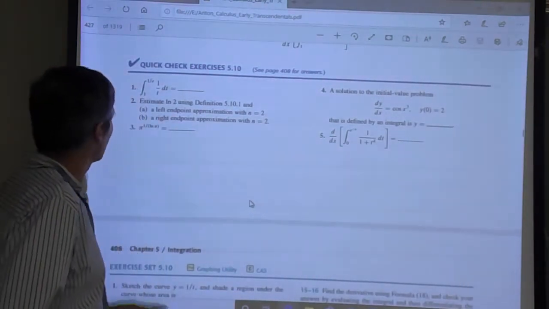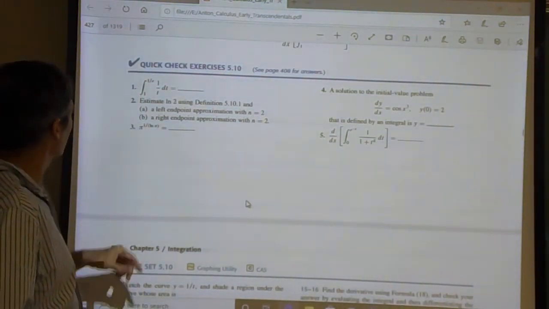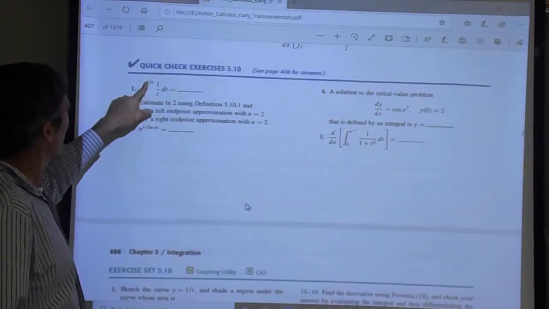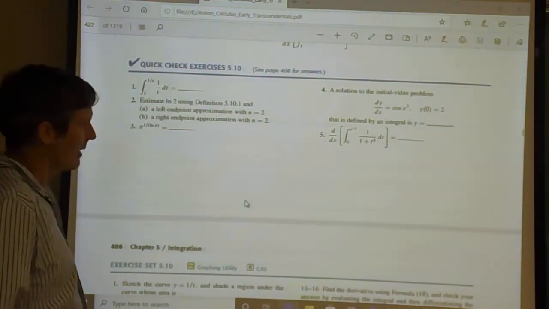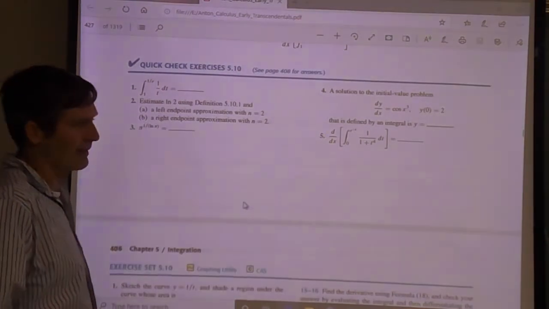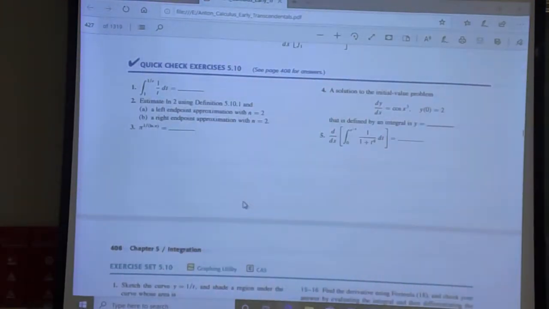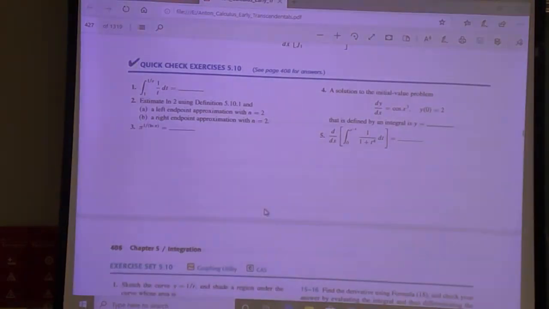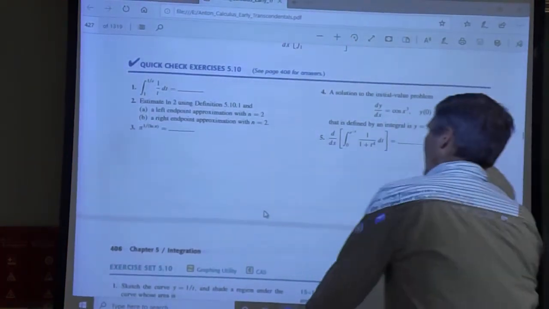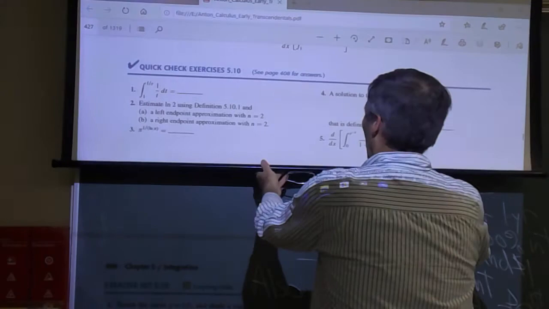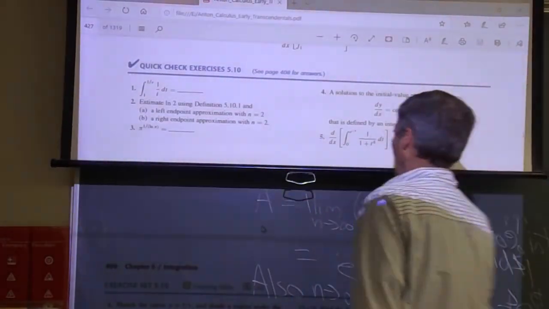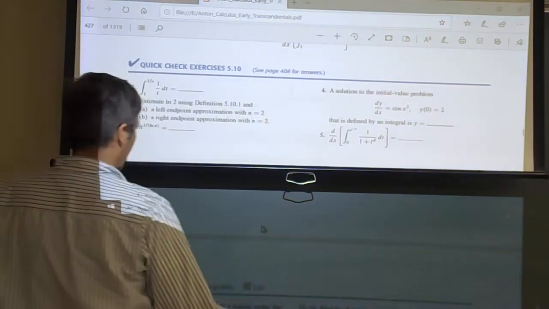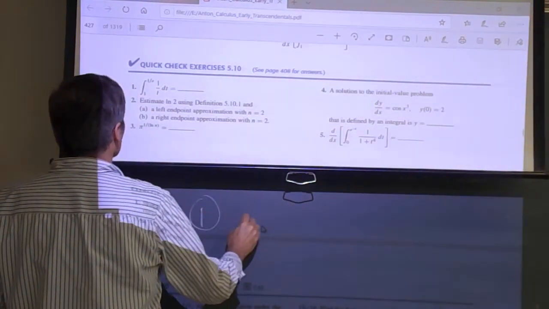Let me look at the exercises based on this, and this is what I want you to be able to do. What is the integral from 1 to 1/e of 1/t dt? What should that be? So you want to be able to do a few tricky things like this. Well, you can do this out of the problems.